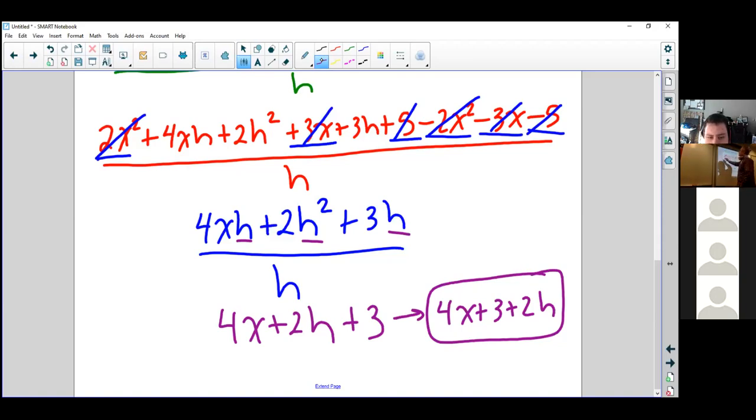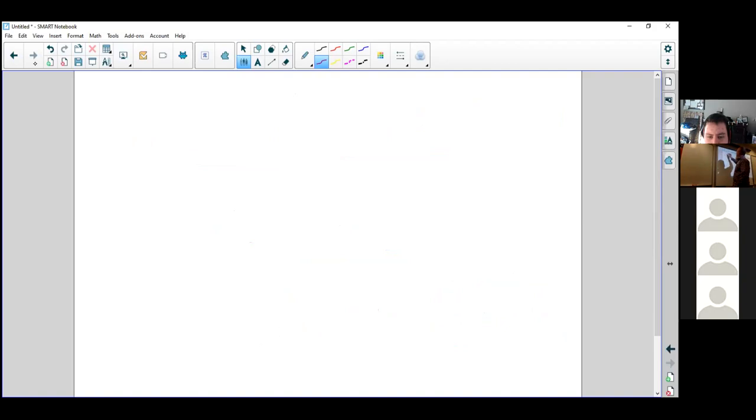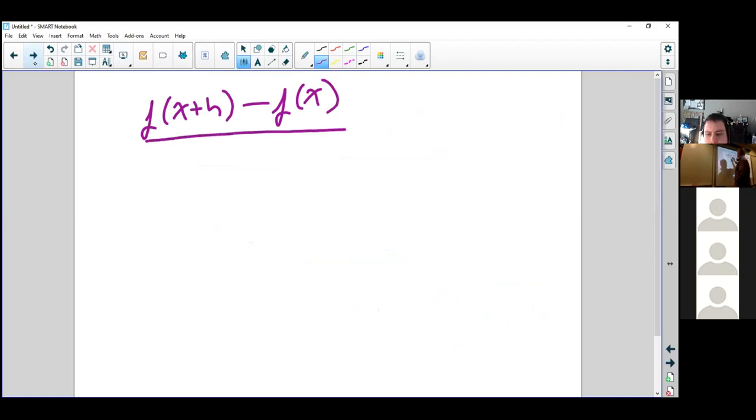All right. So again, we're going to use this equation. Notice I changed it from g at x to f at x. And we're going to say that f at x is equal to 10x minus 7.